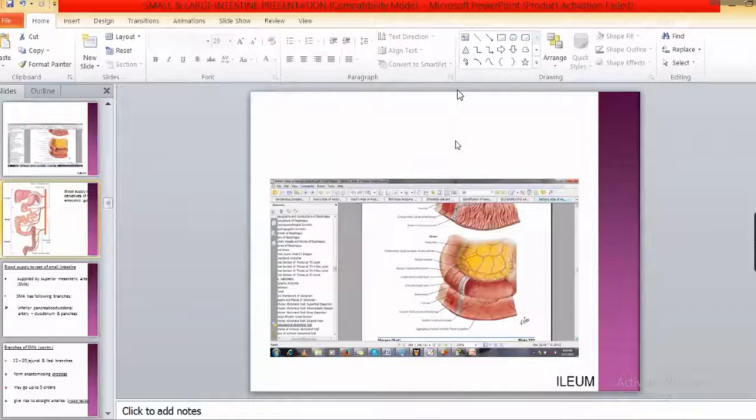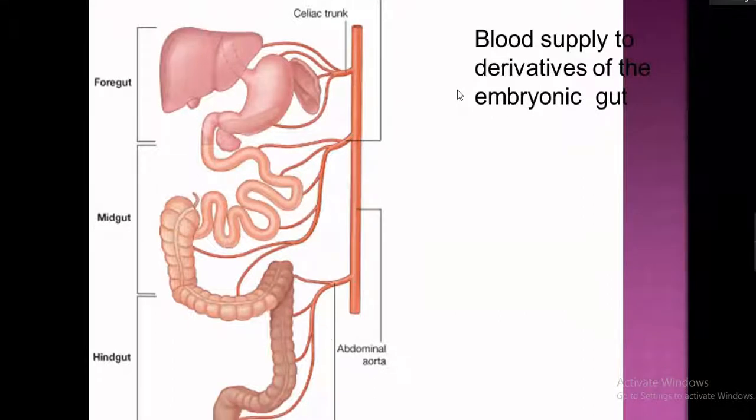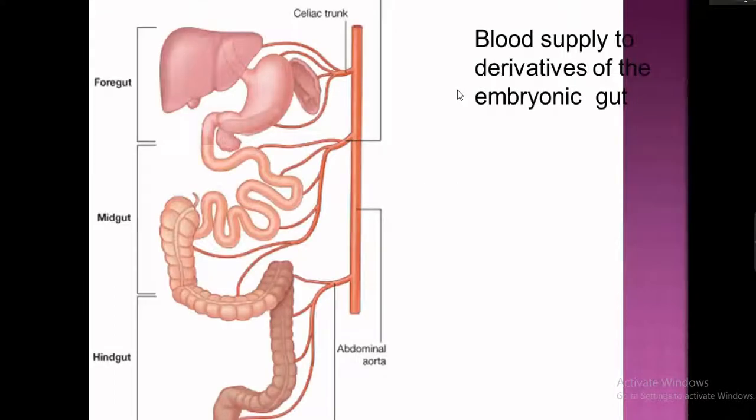This image is a simple diagram which shows us supply to the foregut, midgut, and hindgut. We already talked about this, and this shows us before the rotations have happened. We also already talked about the rotations. So the midgut is mainly supplied by the superior mesenteric, and the hindgut by the inferior mesenteric, which extends up to the rectum and anal canal.